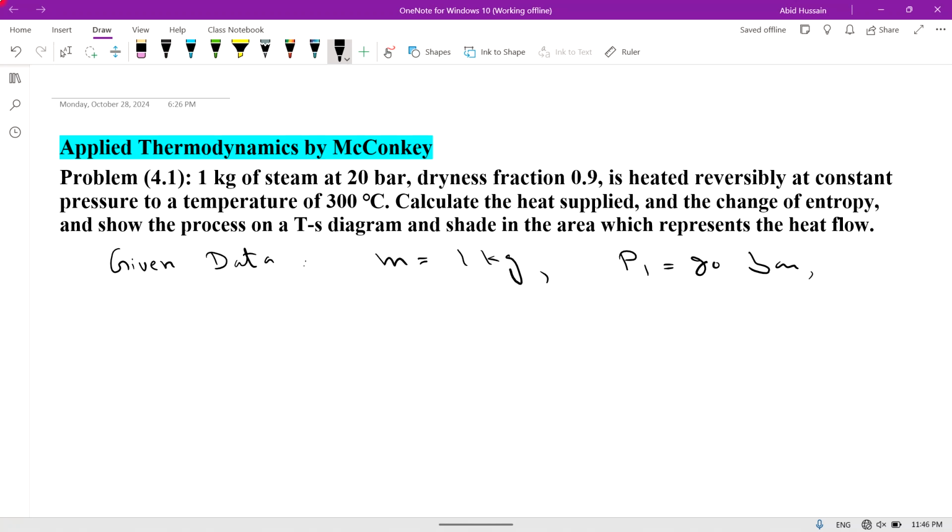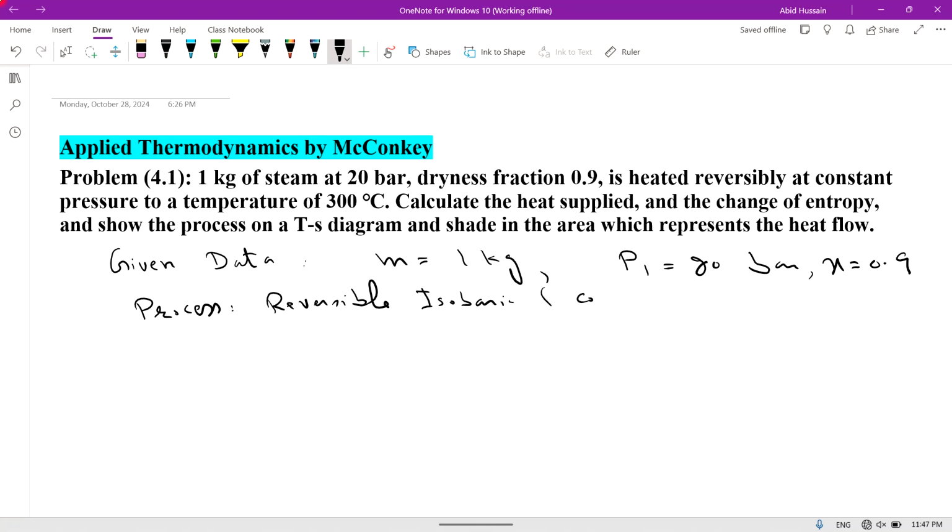Dryness fraction x is equal to 0.9, is heated reversibly at constant pressure. It means that the process is reversible isobaric.